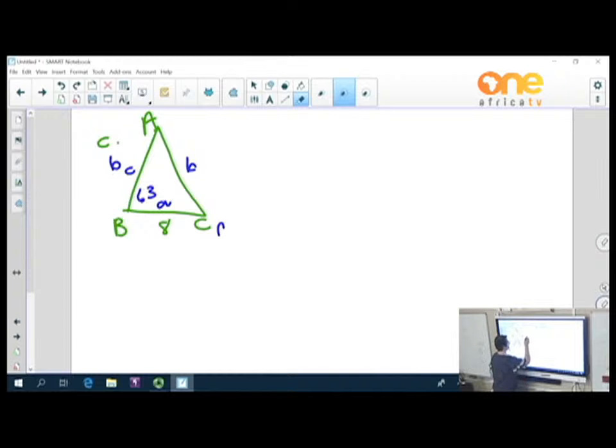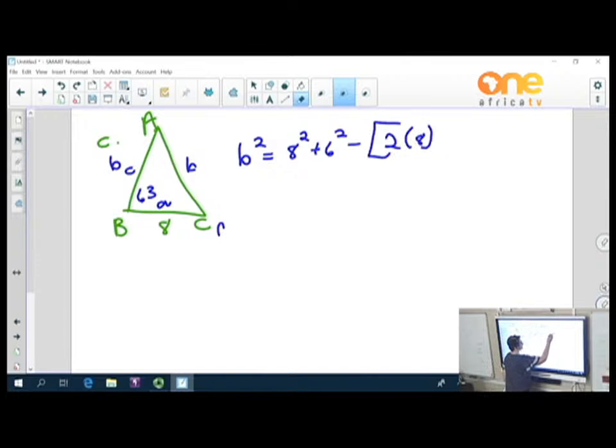Find that B. So B squared is equal to 8 squared plus 6 squared minus 2 times 8 times 6 cosine 63 degrees.